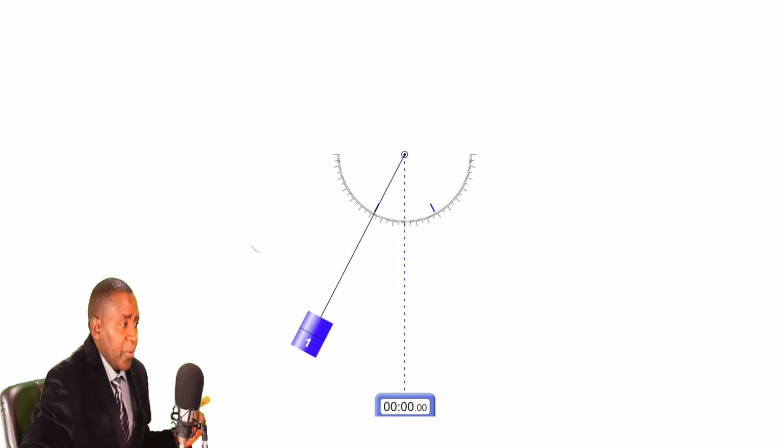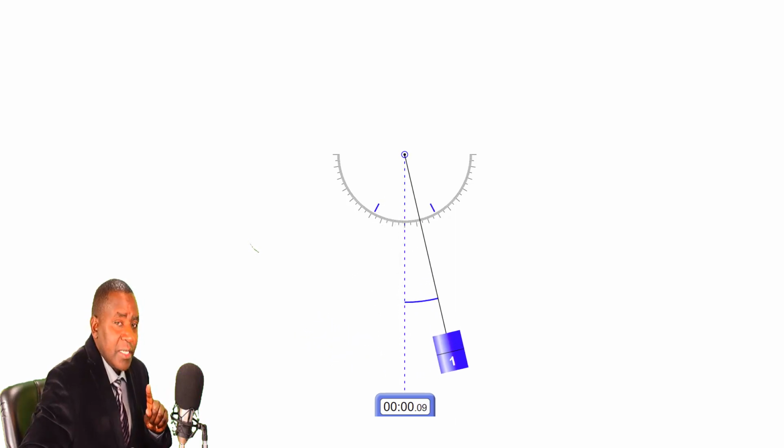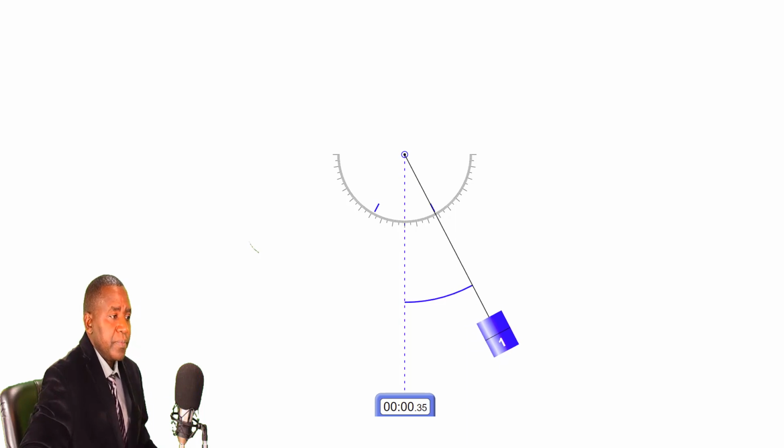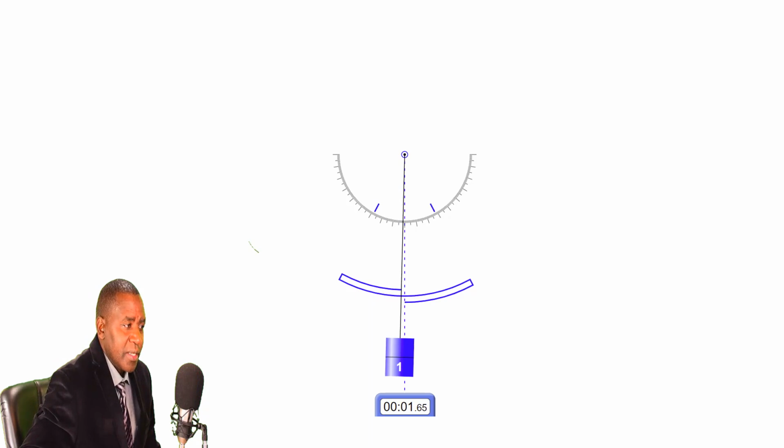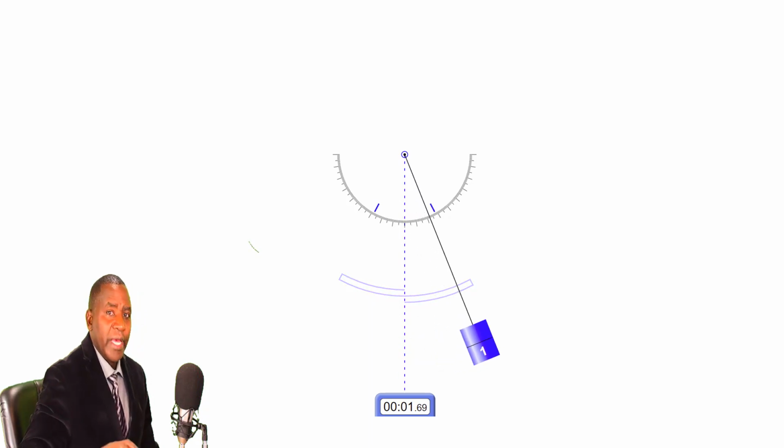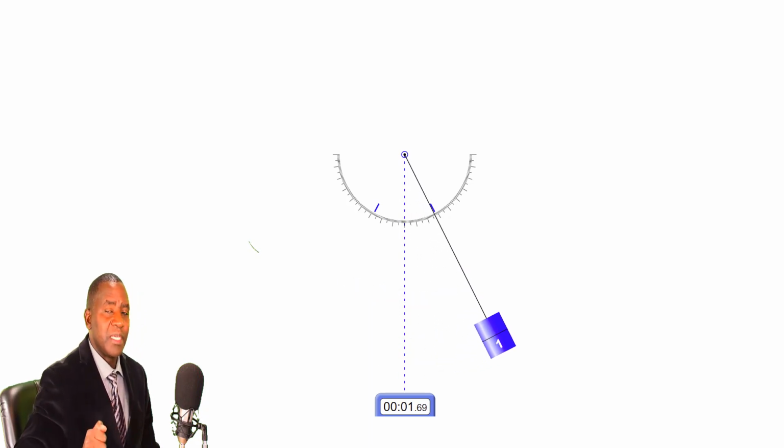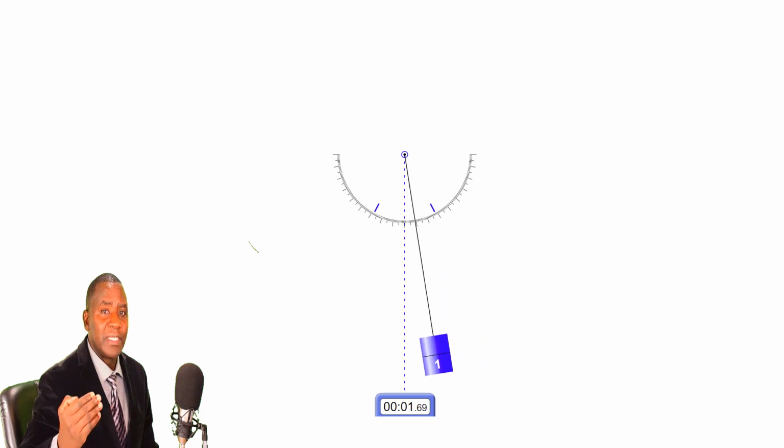So probably now when it is coming back, as soon as it crosses that point, I start the stop clock. It's running. That's the second quarter, the third quarter, and at the count of the fourth quarter, there I stop the stop clock, and you can see that the periodic time is about 1.7 seconds.